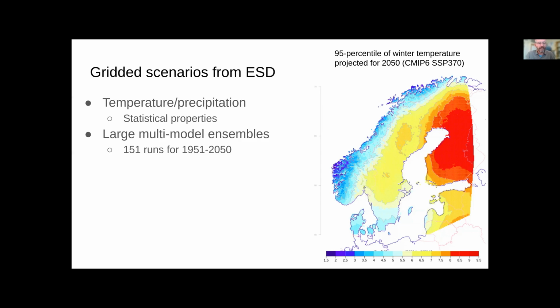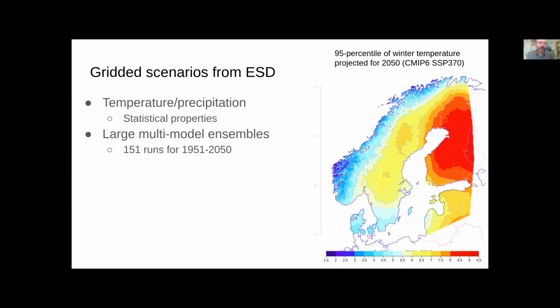And in this case, these results represent 151 runs from 1951 to 2050. And this figure shows the 95th percentile of the winter temperature projected for 2050. That's CMIP6, so that's the latest batch of global climate models.